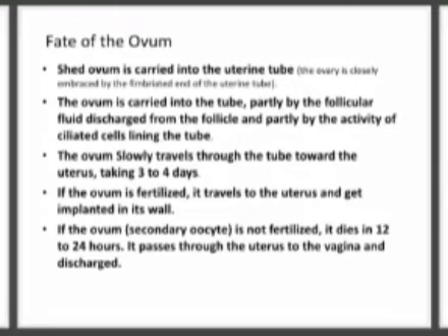The ovum slowly travels through the tube toward the uterus, taking 3 to 4 days. If the ovum is fertilized, it travels to the uterus and gets implanted in its wall. If the secondary oocyte is not fertilized, it dies in 12 to 24 hours. It passes through the uterus to the vagina and is discharged.